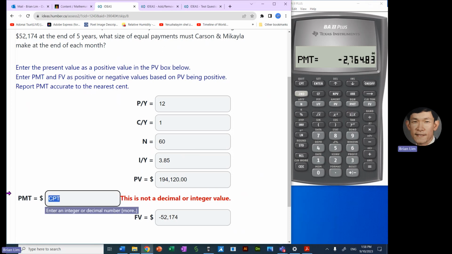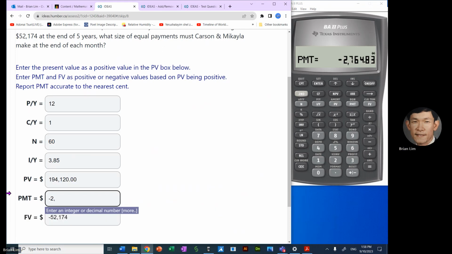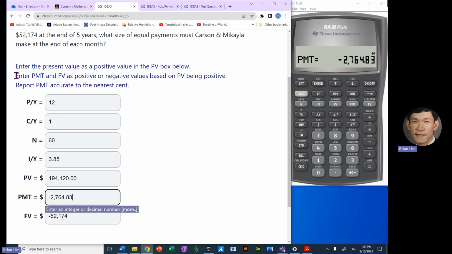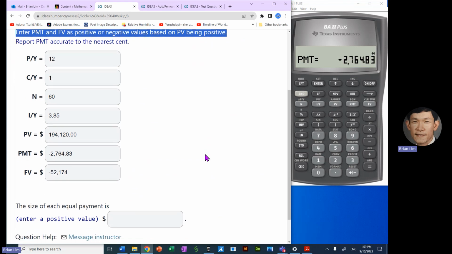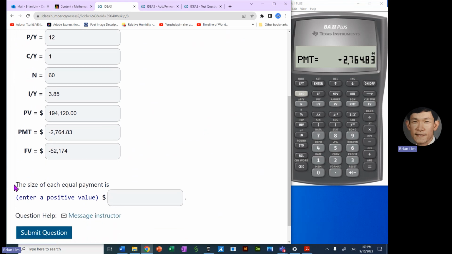The payment works out to be negative. In this case, we have to obey the instructions. So now the size of each payment.